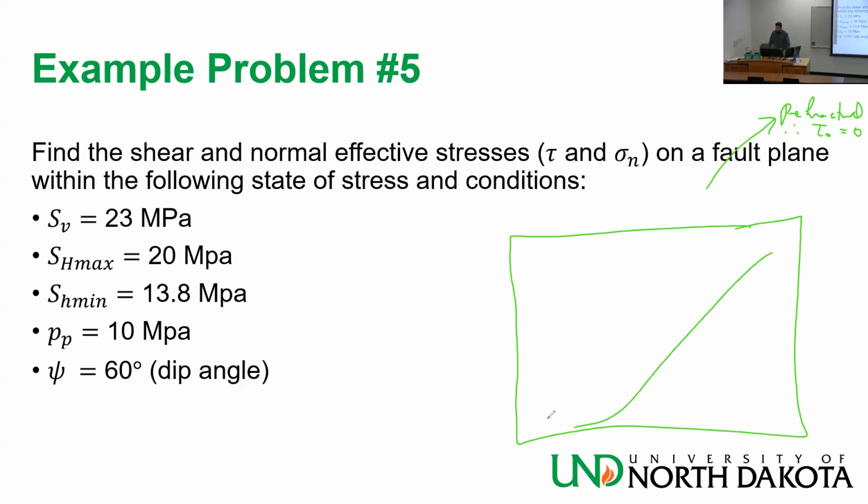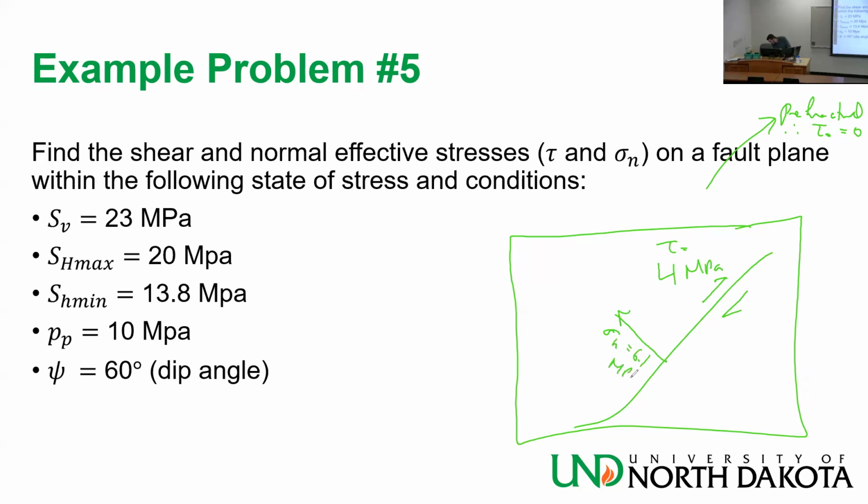And we said my tau is 4 MPa, and my normal stress, was it 6.1? I think sigma n is 6.1.